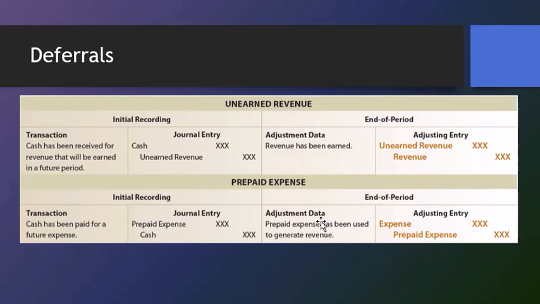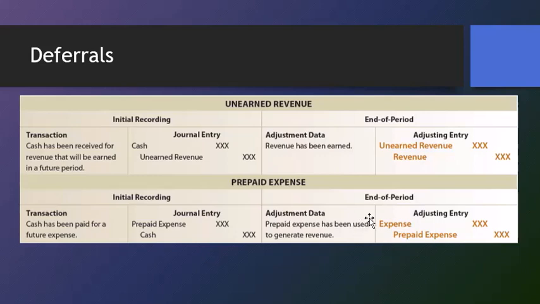At the end of the period, we're going to say, well, what portion of that asset have we used? For example, let's say that we paid $600 for a 6-month insurance policy. At the end of that first month, we would say, well, 1 month has expired. We've used 1 month of that $600 6-month insurance policy.